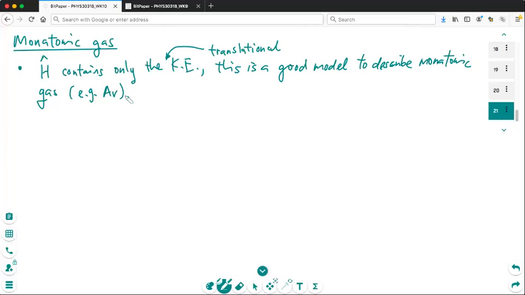Those are diatomic cases, and that will be discussed in the next exercise class, about 2 weeks from now.